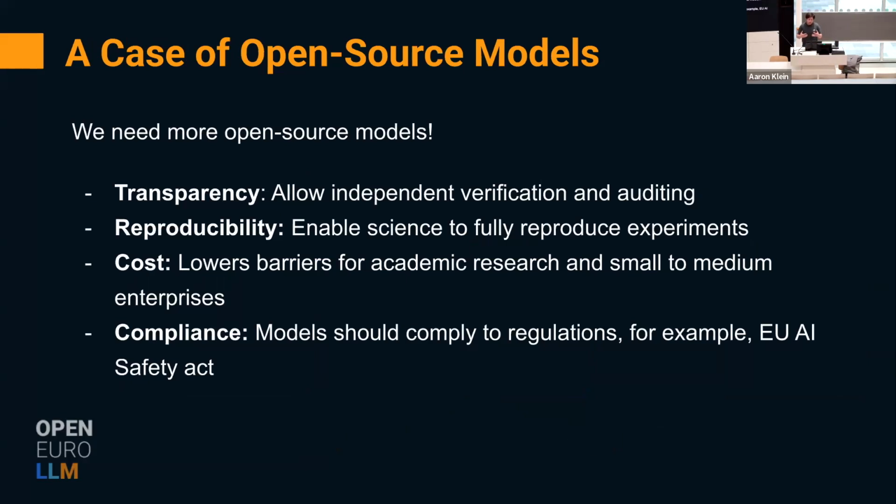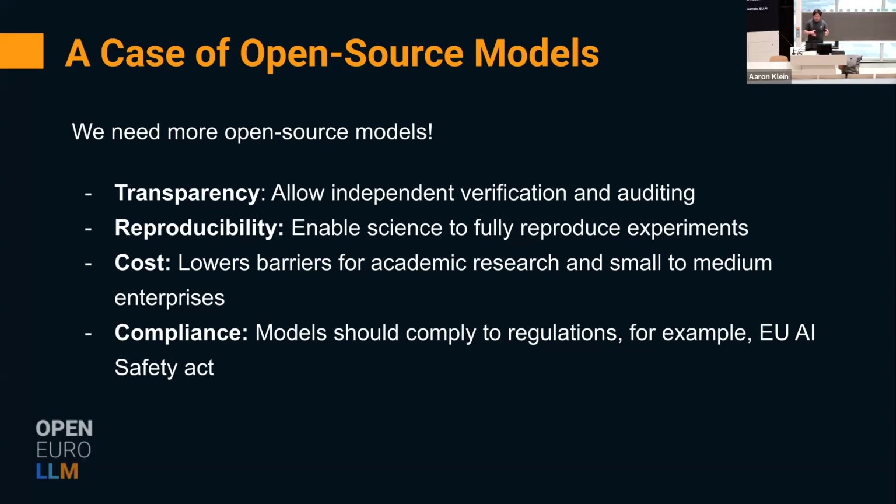Now, I would argue that even though those open source models tend to be not quite as performant as the open weight models, we still need more of them. There are obvious reasons like transparency, right? We want to independently verify and audit those models, but also reproducibility, which is important for science.